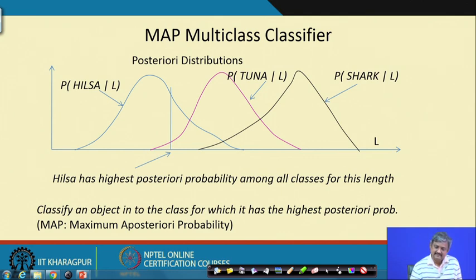The thing is that if I know this posterior distribution, if you know the class conditional distribution, then I can find out the base classifier. Of course, if somebody tells me what the class conditional is, I will definitely use the base classifier, but nobody will tell me what the class conditional distribution is.